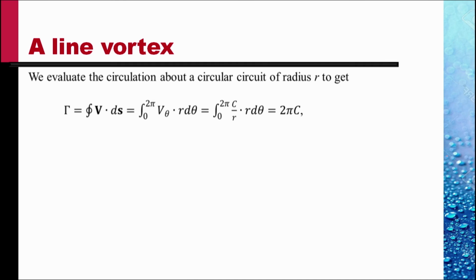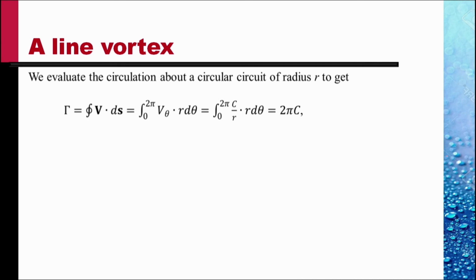We evaluate the circulation about a circular circuit of radius r in this flow, and we get the circulation is equal to twice pi c, independent of the radius of the circuit. We have chosen a circular circuit of radius r and find out that r cancels out and the circulation gamma is obtained as 2 pi c, independent of r.